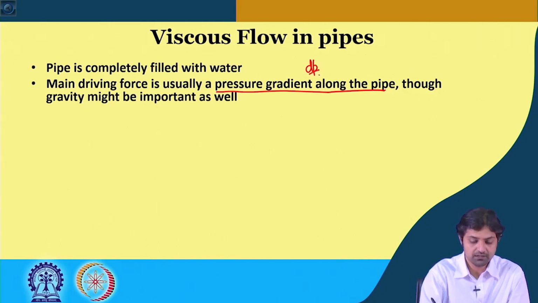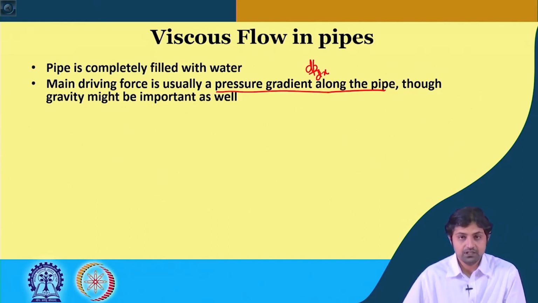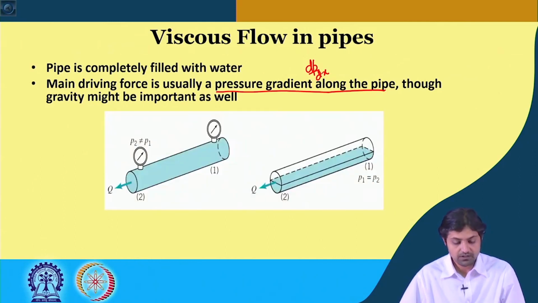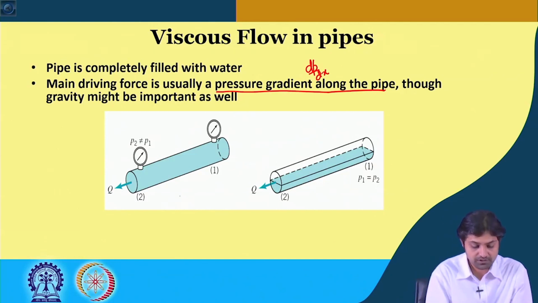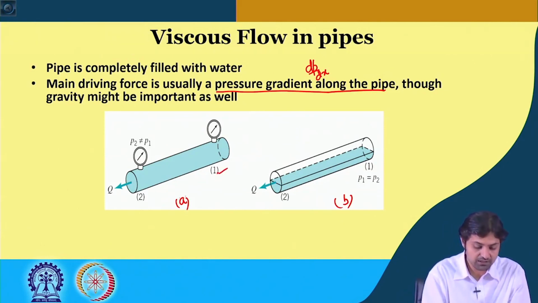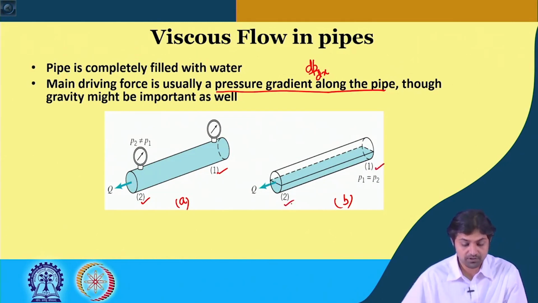You would imagine the pressure gradient along this pipe, delta P by delta x, let us say, if x is this direction. This is very important. Here gravity may or may not be that important, but to define pipe flow we said a pressure gradient must be there. These are the two figures, figure A and figure B. These are sections 1 and 2 in this pipe.